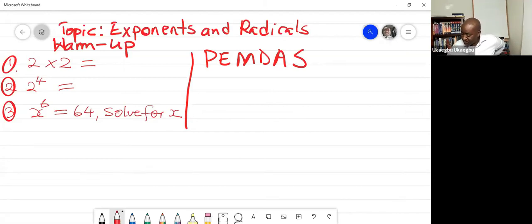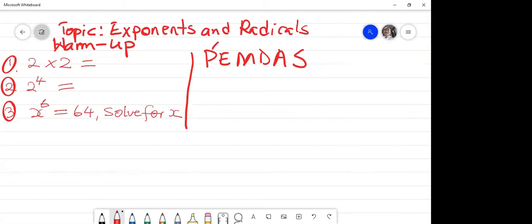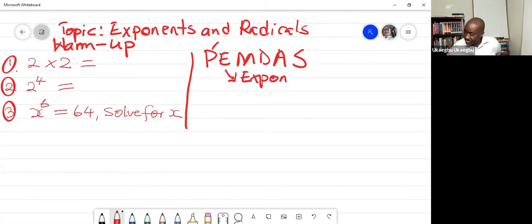So P stands for what? Parentheses. E, exponent. So you've been hearing about exponents. Now we are going to deal more with exponents, and then it's going to lead us to exponential functions, and then radicals.